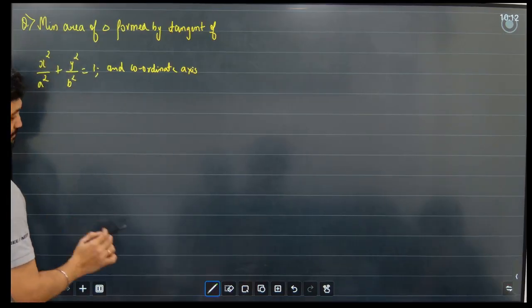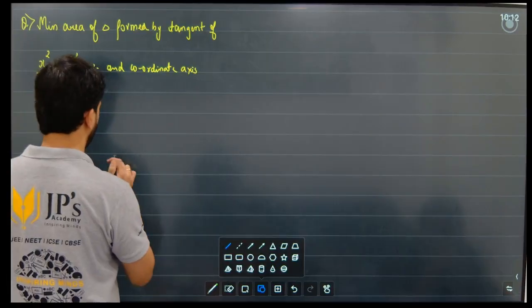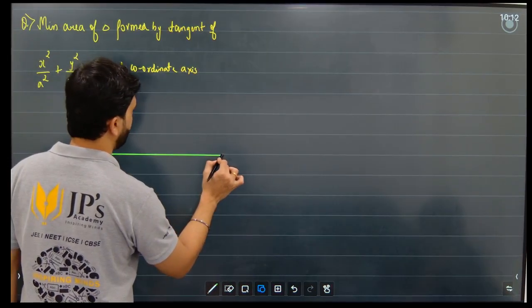Now they are saying that it is formed by the tangent and coordinate axes. Let's try to understand the question.